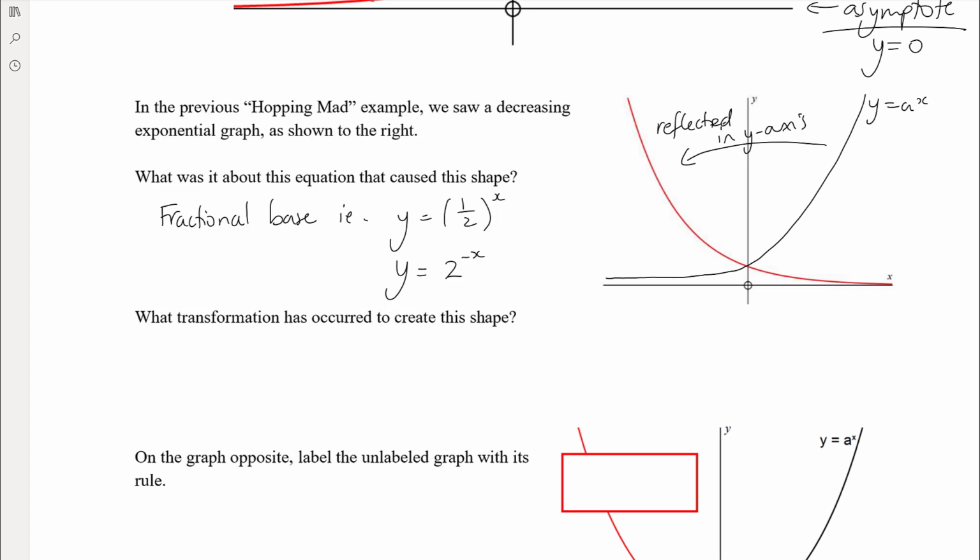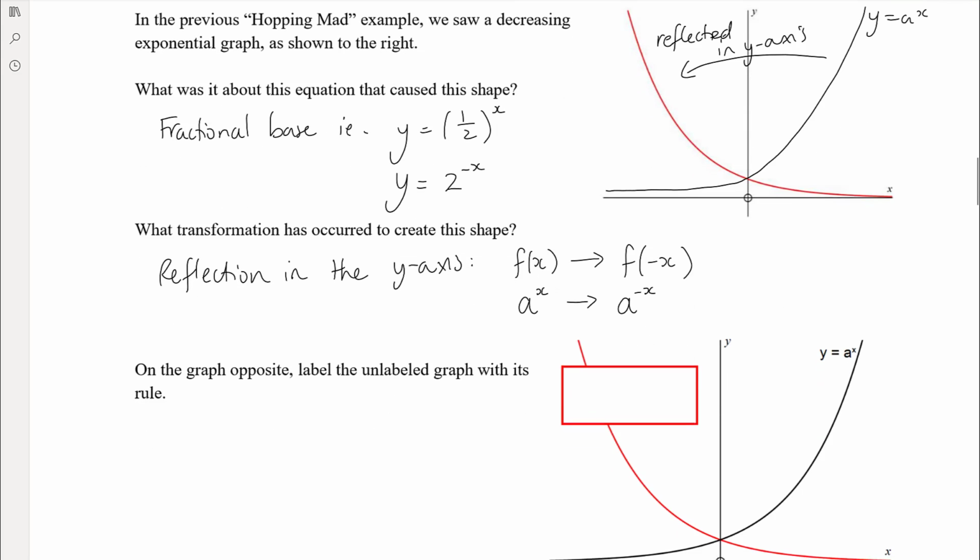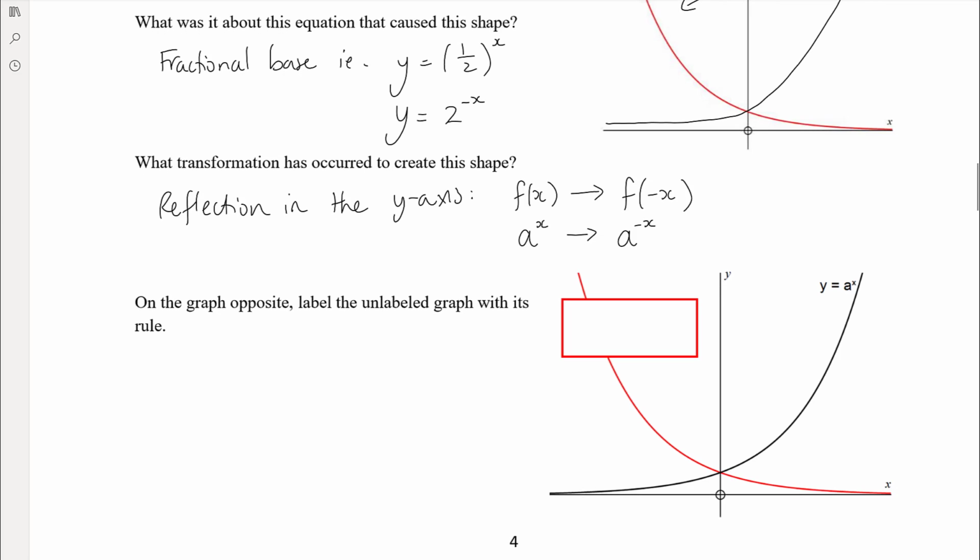Okay, so the transformation that's occurred to create this shape is a reflection in the y-axis. Now we know from our previous studies of these transformations that if we reflect a function in the y-axis, it becomes f of negative x. So if my function is a to the power of x, it's going to become a to the power of negative x. So when we have that negative x in the power, we get a reflection in the y-axis.